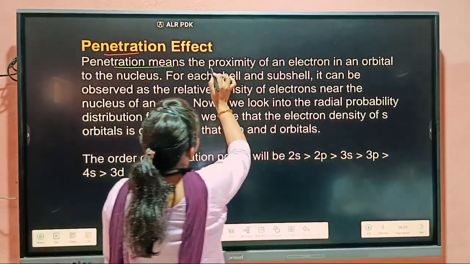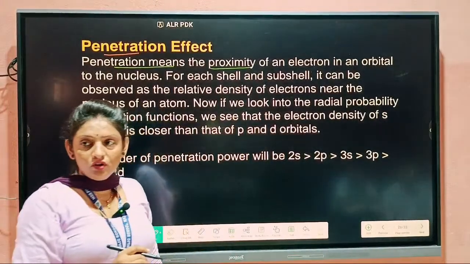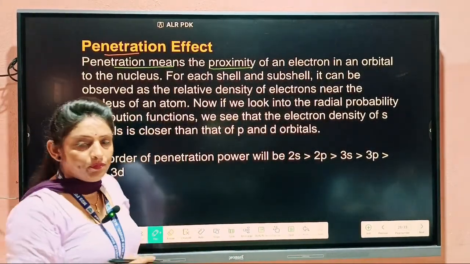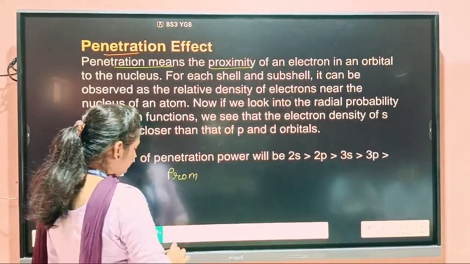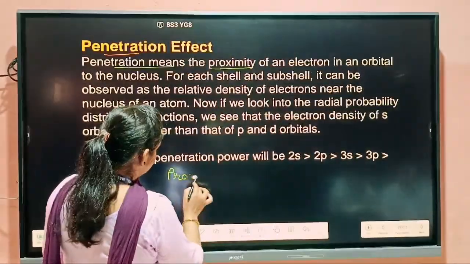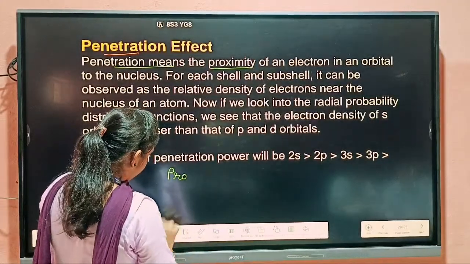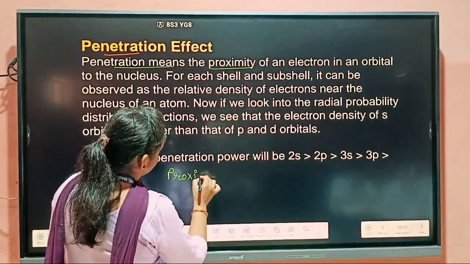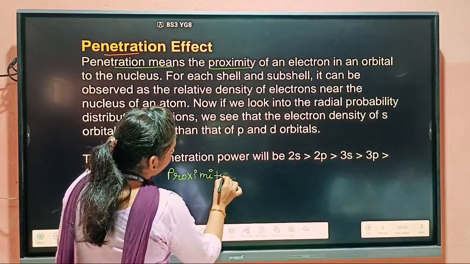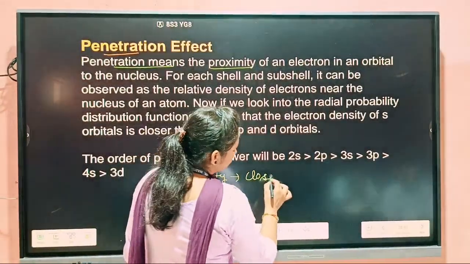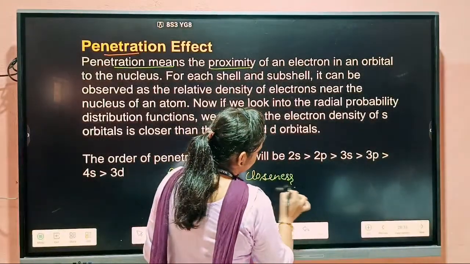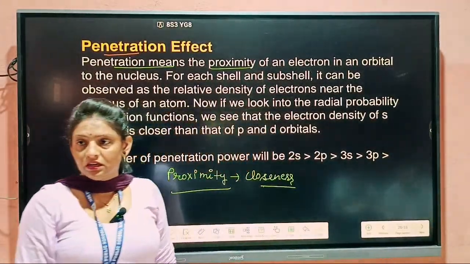Penetration means proximity. What do you mean by proximity? Proximity means closeness, nearness.